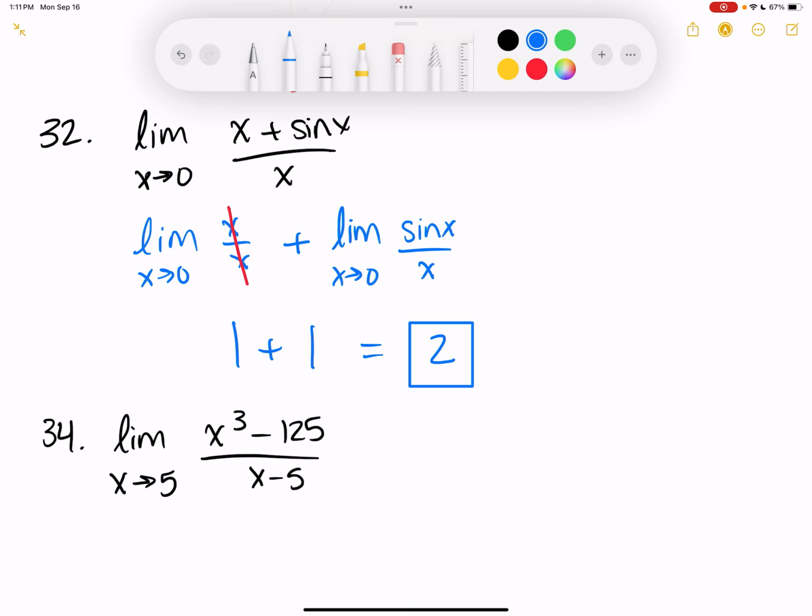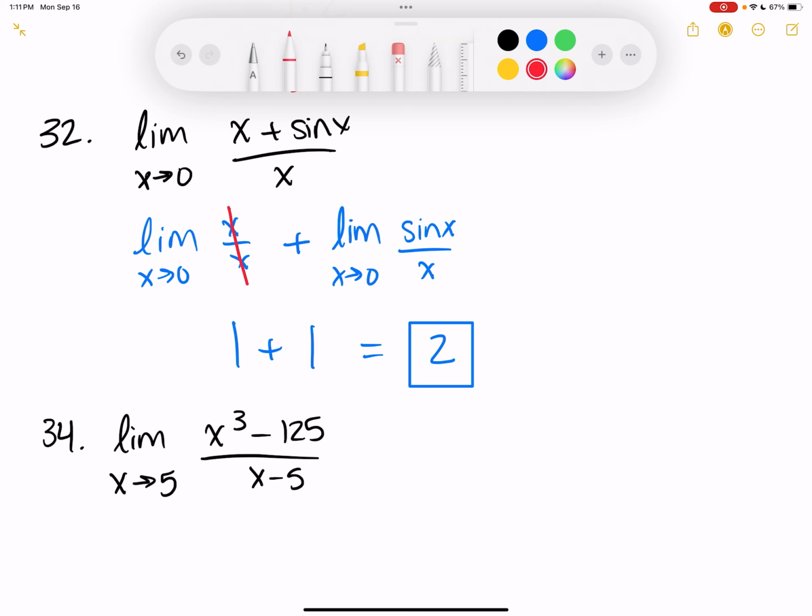Can we just go anywhere with that? We could do x minus 5, x minus 5, x minus 5. That would not be equal to x cubed minus 125. Nice try. Can we factor out a cubed?